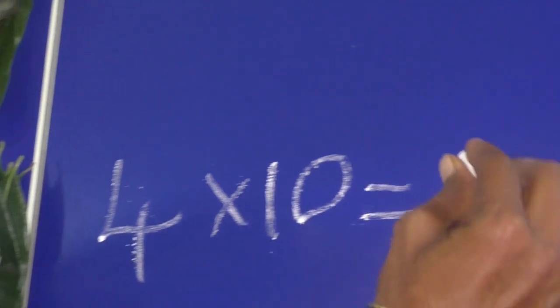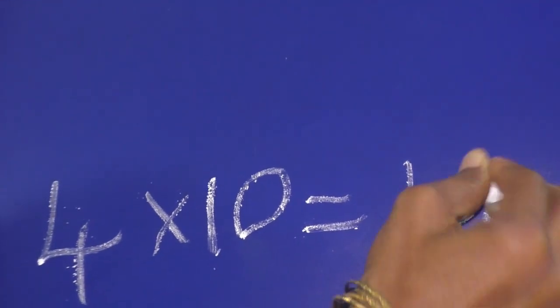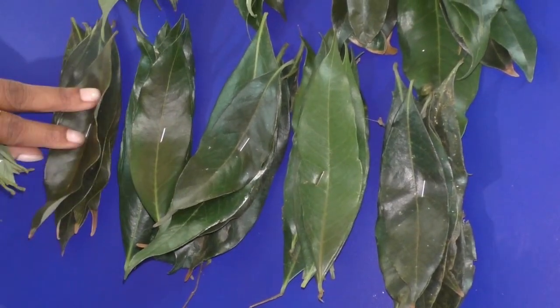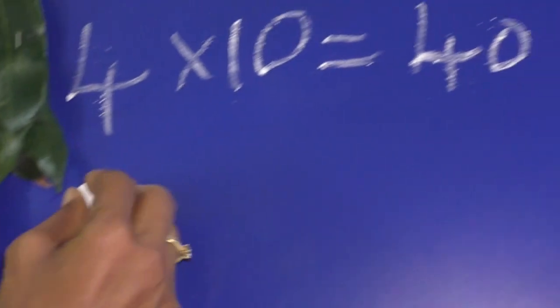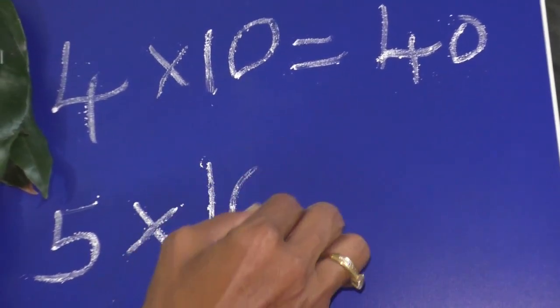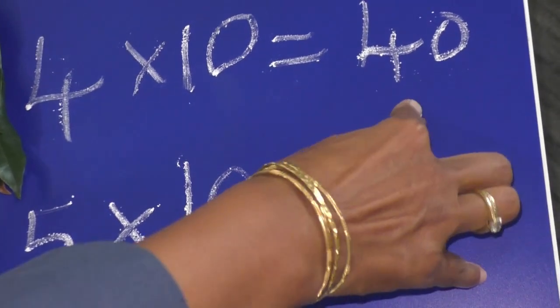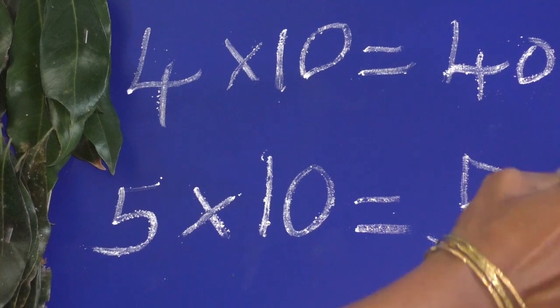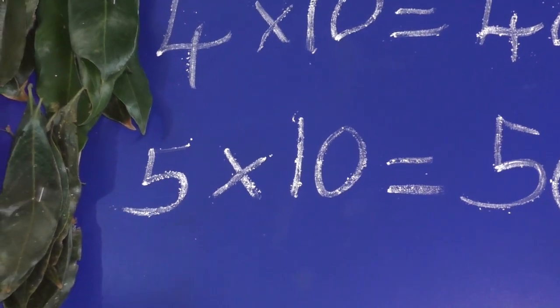So 4 into 10 is 40. Now there are 5 sets. So we write 5 into 10. So after 40, one more set got added. So 5 into 10 is 50.